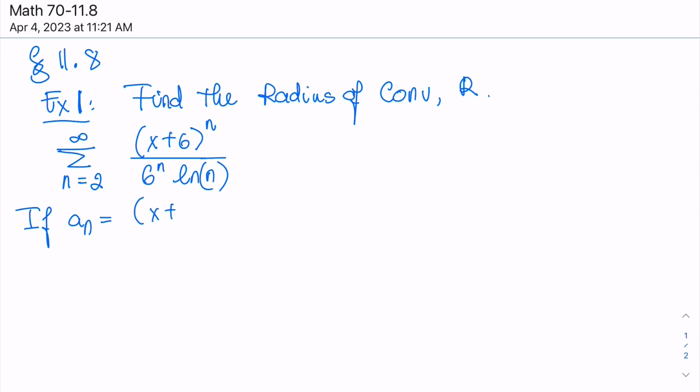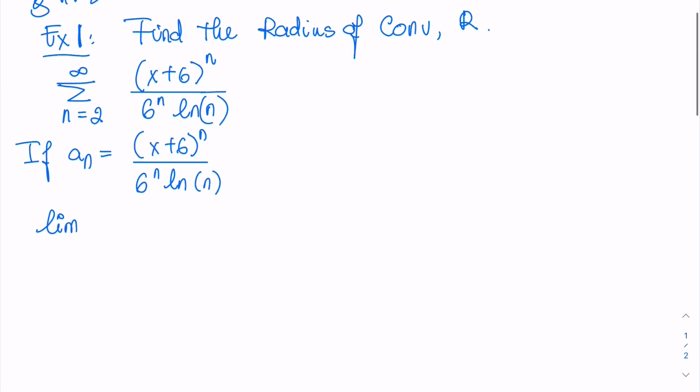If a sub n equals (x plus 6) to the n power over 6 to the n power ln n, then I'm going to take the limit as n goes to infinity of a sub n plus 1 over a sub n.